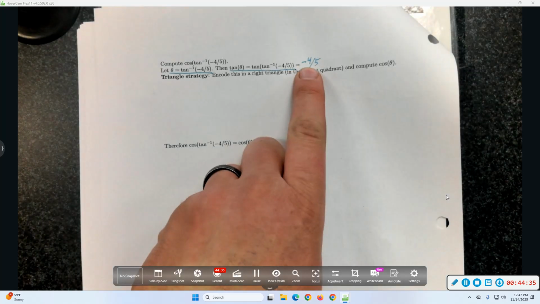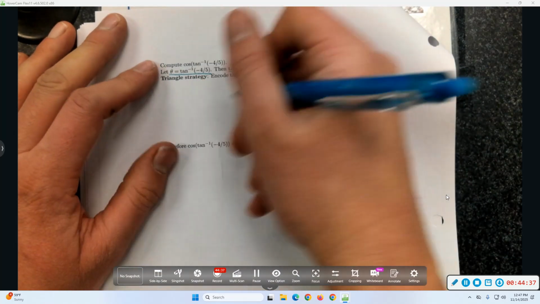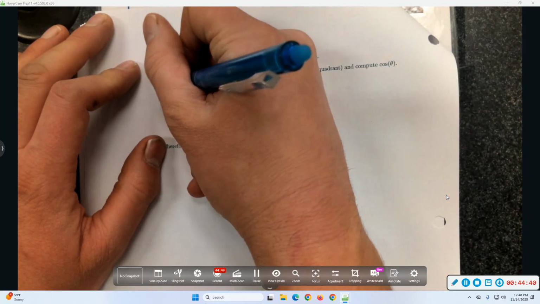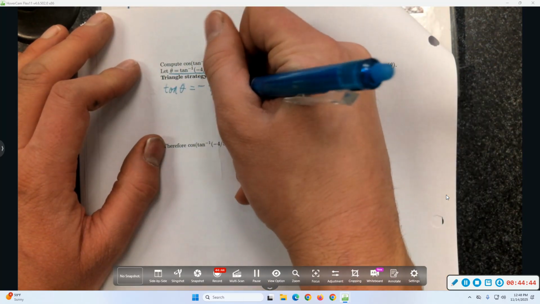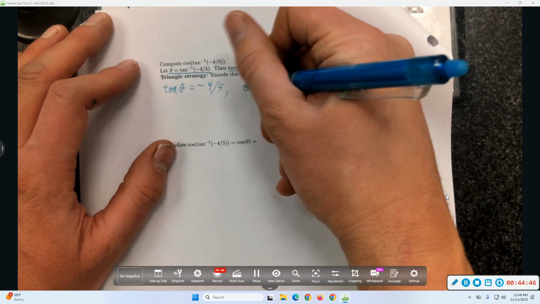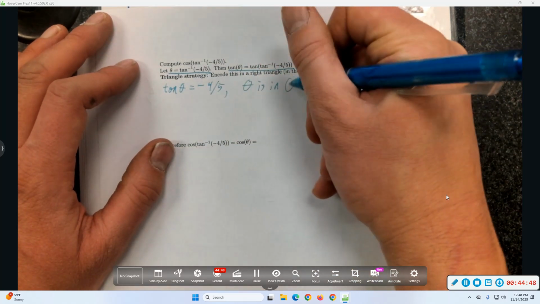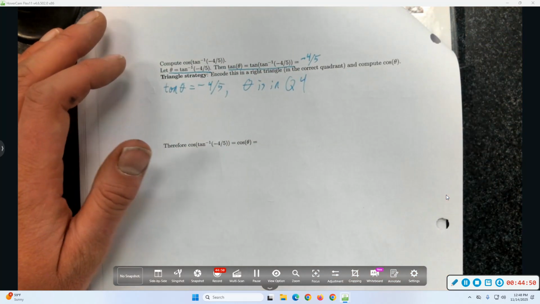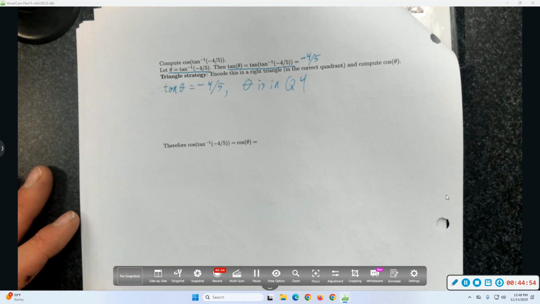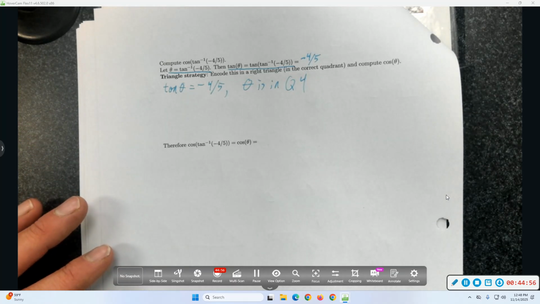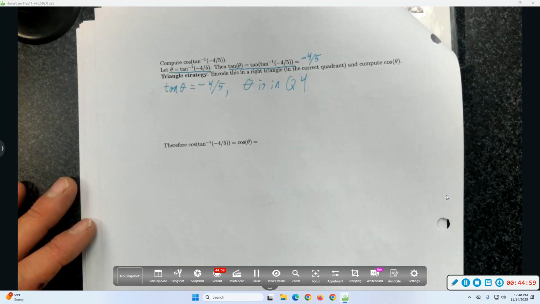Tangent is negative, can't be quadrant 1, must be quadrant 4. So I have an angle, tangent is negative 4 over 5, and theta is in quadrant 4. In quadrant 4, will cosine be positive or negative? Positive. So I expect the answer to be positive at the end.